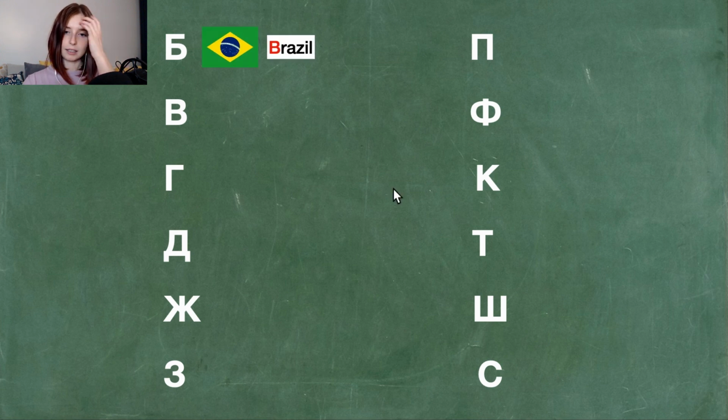So this one sounds like B in Brazil, simply B, right? So this is our Russian B. And when you read it, you have to use your voice, that's why it's called voiced.